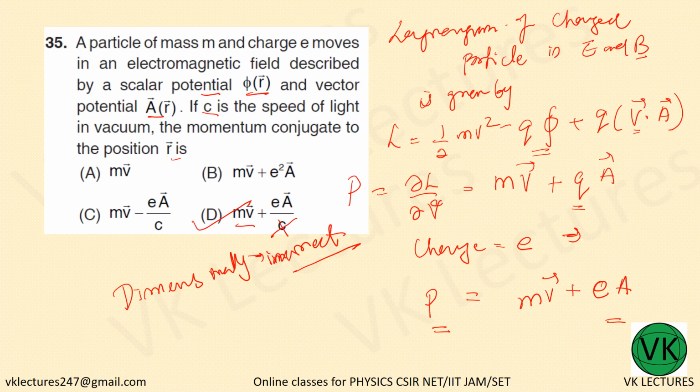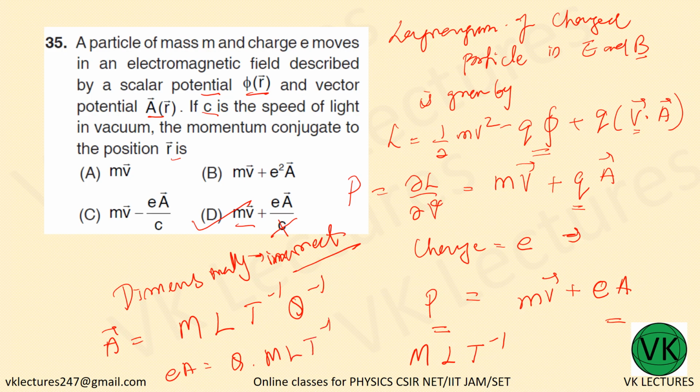Now the dimension of vector potential A is m L t to the power minus 1 q to the power minus 1. And what is the momentum dimension? Momentum dimension is m L t to the power minus 1. So E into A means q times m L t to the power minus 1 q to the power minus 1.